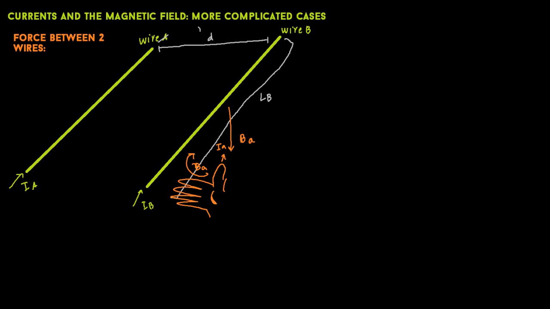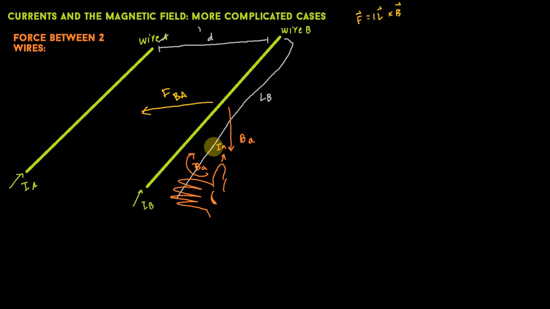And then the force on B due to A is in this direction. We can figure that out by utilizing our favorite equation, F equals I L cross B. If L is going this direction and B is going down, I use the regular right-hand rule to figure this out.